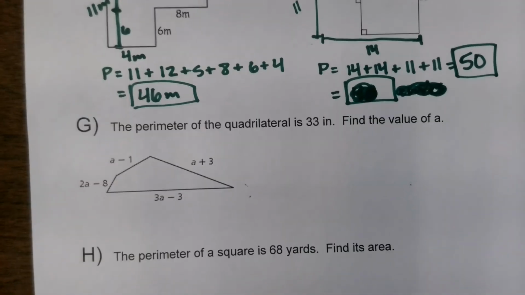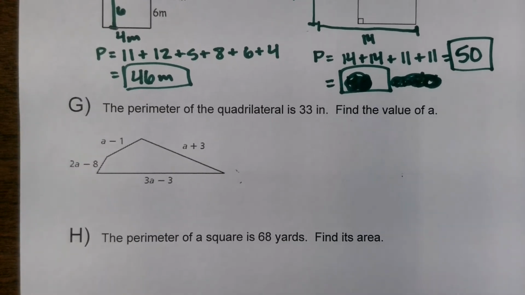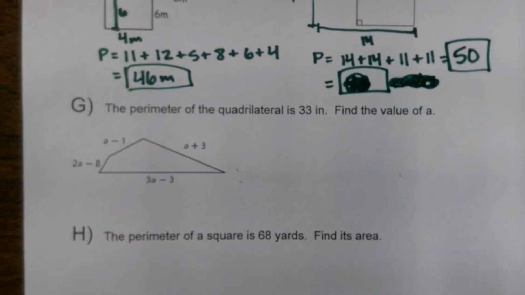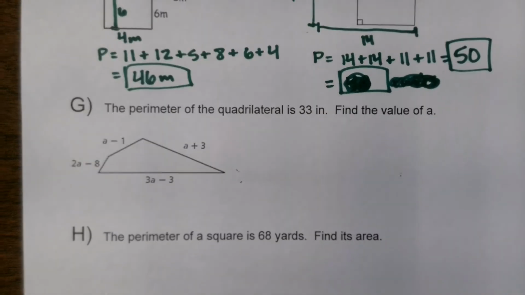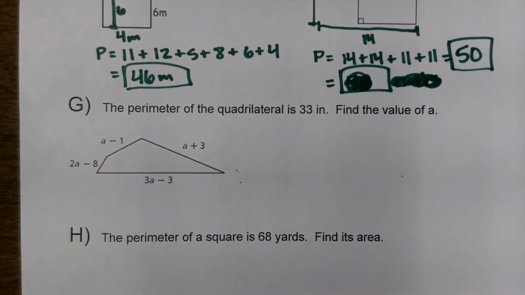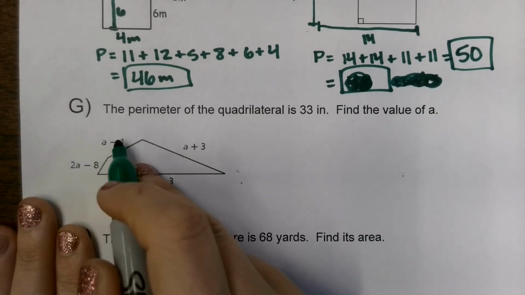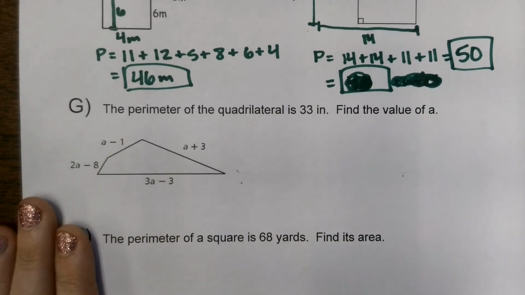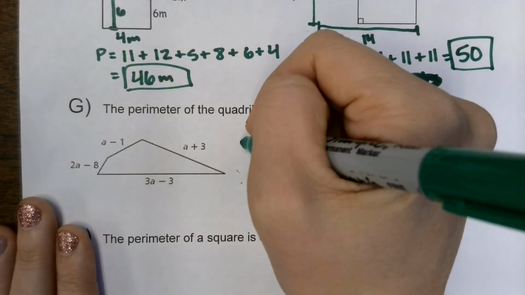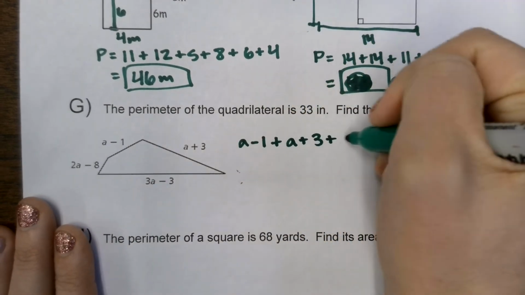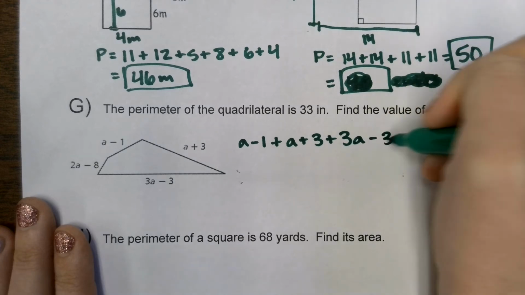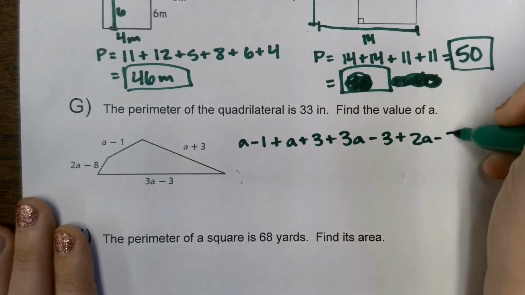All right. So some other questions that you could be asked with perimeter that are not just find the perimeter. For G, they tell us the perimeter of this quadrilateral is 33 inches, and then we're finding the value of A. So knowing that perimeter is the sum of all sides, we would take the sum of all of the sides: A minus 1, A plus 3, 3A minus 3, and 2A minus 8.